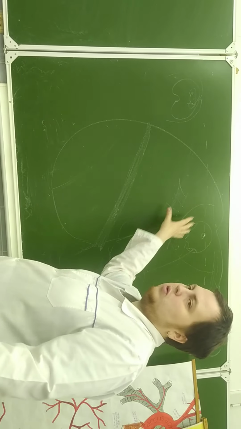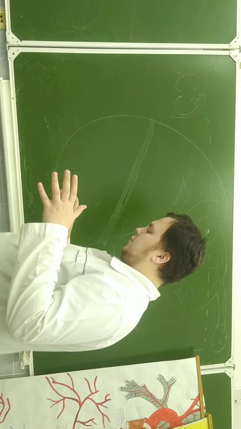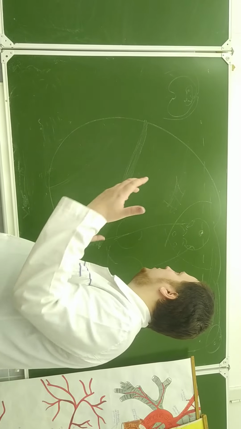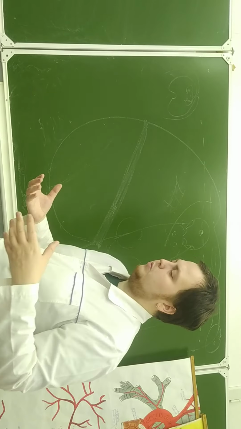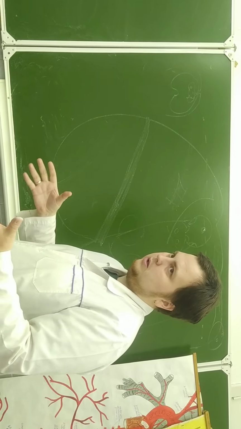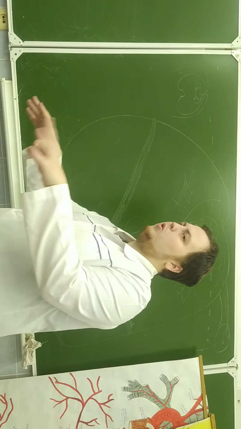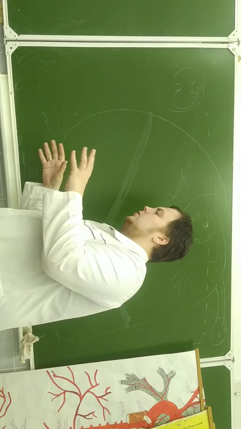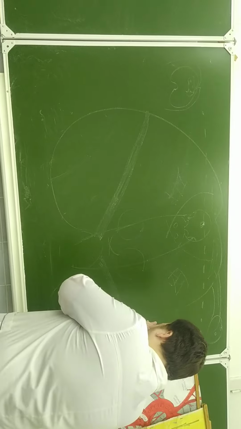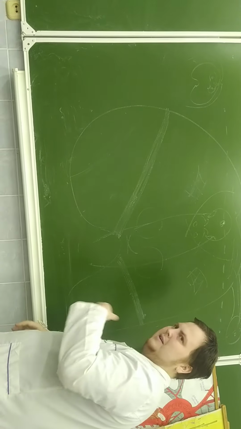That's why we won't see it at the level of the superior colliculus. As it passes to the level of the inferior colliculus, it is the tract part of the auditory analyzer. So it connects cochlear nuclei in the pons with the subcortical centers in the inferior colliculi and medial geniculate bodies.